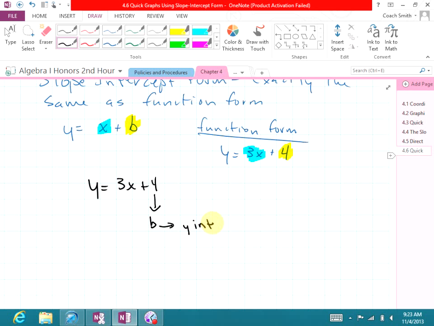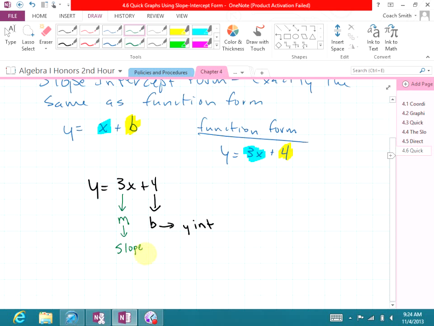Anytime that it's in function form, now called slope-intercept form, in other words, we solve the equation for y, then the constant, or the number that is by itself, is the b, which is also the y-intercept. They're the same thing. Now, the 3 is called the m, but that is also the slope.